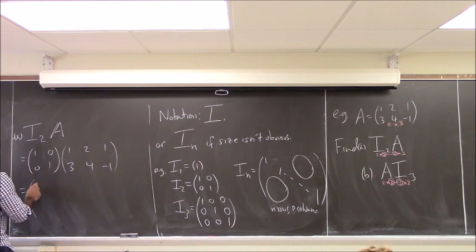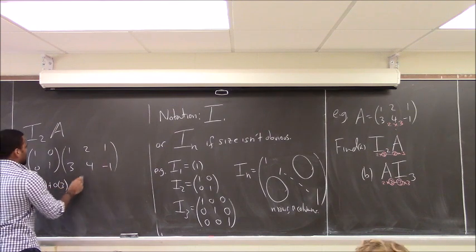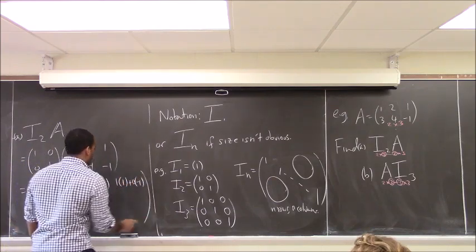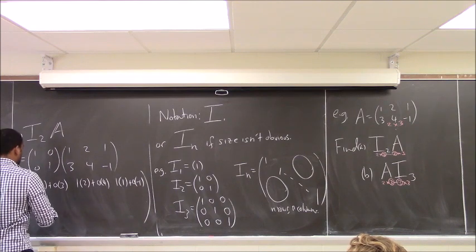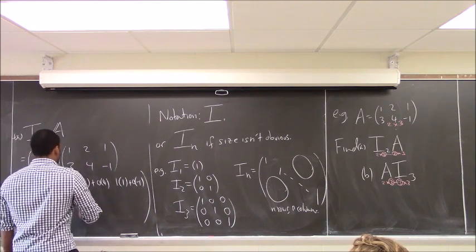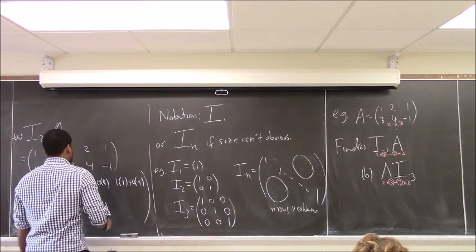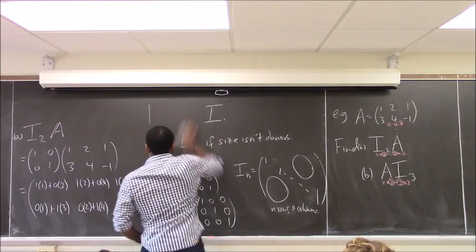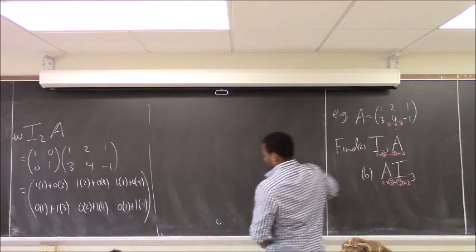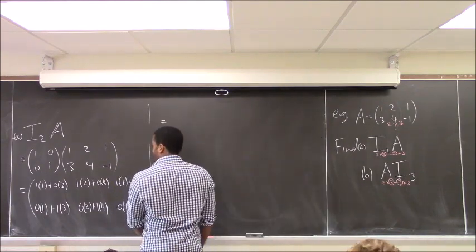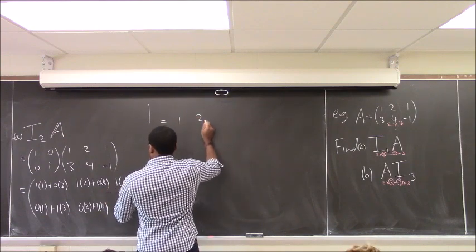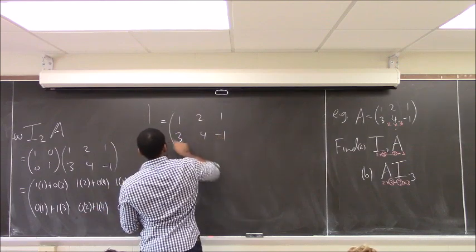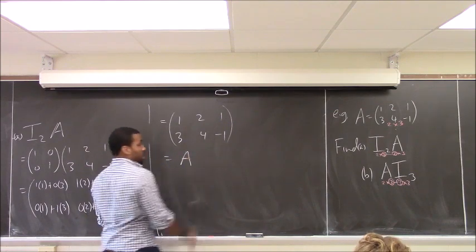We're going to do first row times first column, first row times second column, first row times third column, and second row times first column, second row times second column, second row times third column. If we simplify this, you'll notice that gives us 1, 2, 1, and 3, 4, minus 1. Now what's that? That's actually the original A, right?